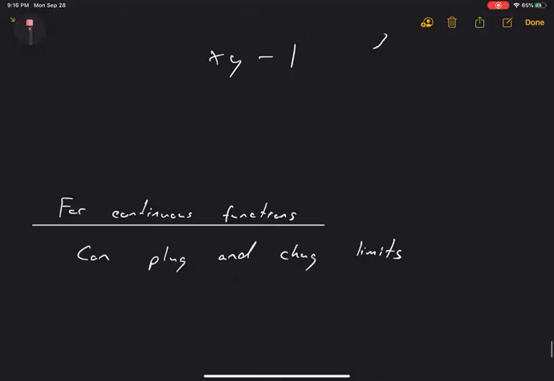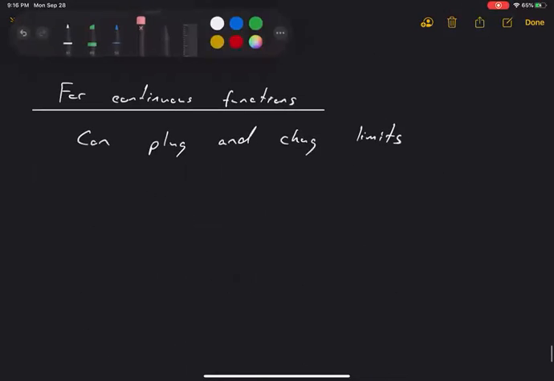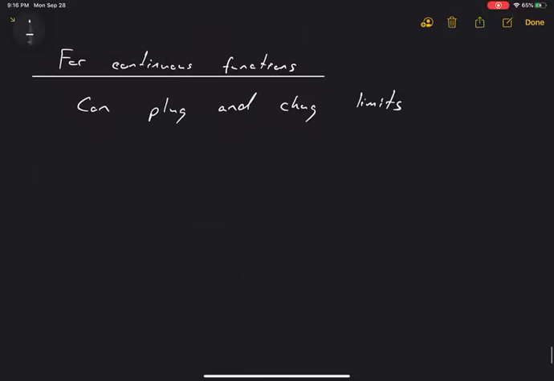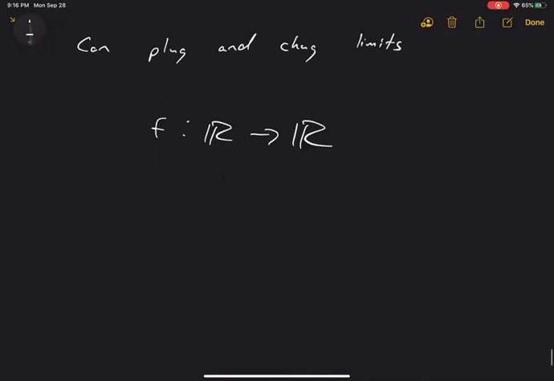Now, the benefit of continuous functions is that when we have continuous functions, we can plug and chug with limits. You might remember from Calc 1 and 2, you have a continuous function, let's say f of x, working from R to R. In particular, f of x is sine of x, and they ask you, what's the limit as x approaches pi over 2 of f of x?